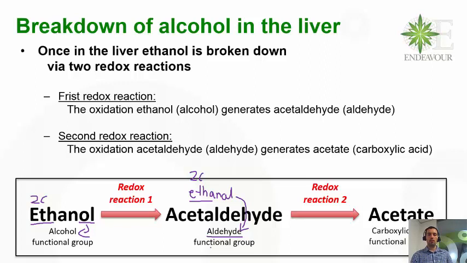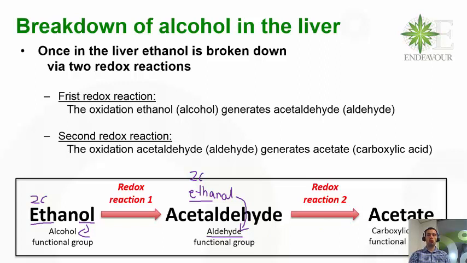We can see that in redox reaction number 2 here. Once the body has acetaldehyde, it's then converted into acetate via the second redox reaction, and in doing this, we convert the aldehyde functional group into the carboxylic acid functional group.